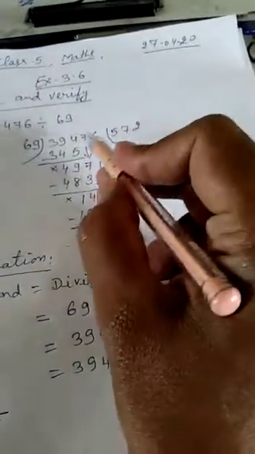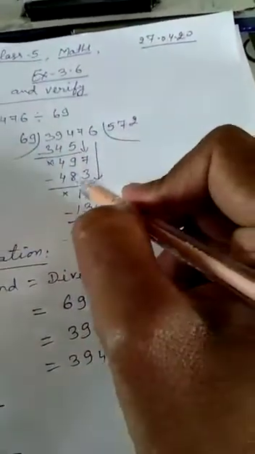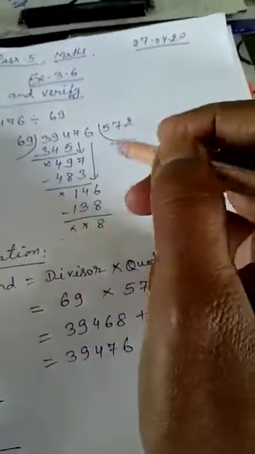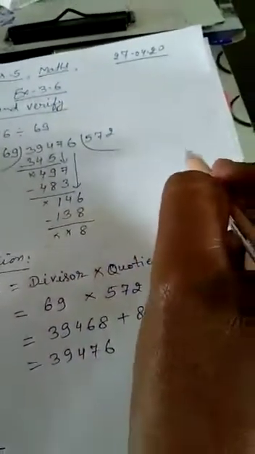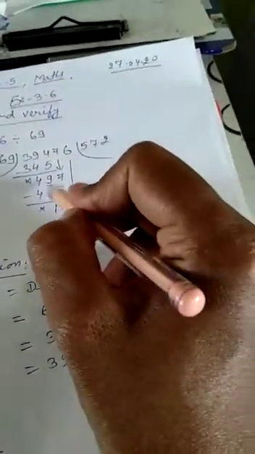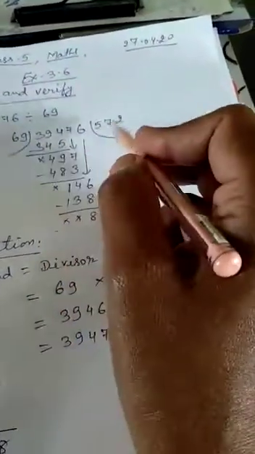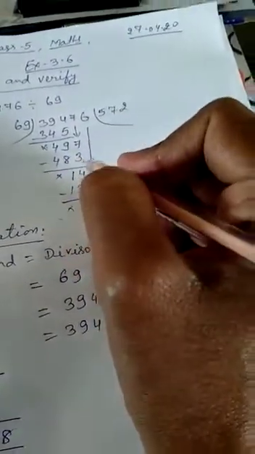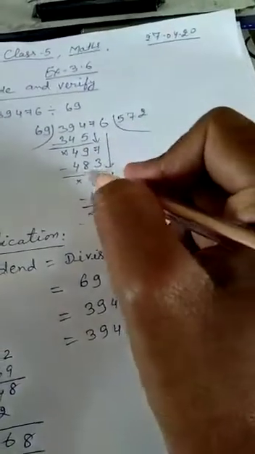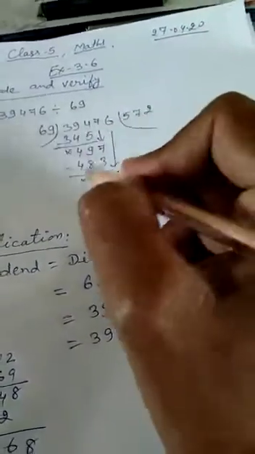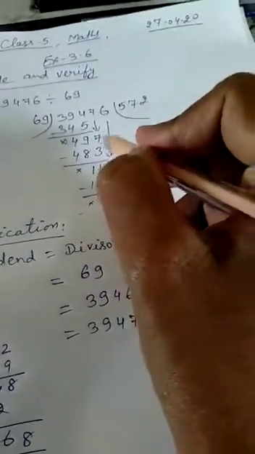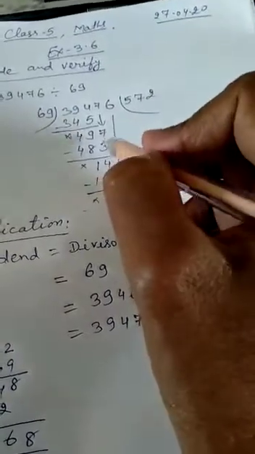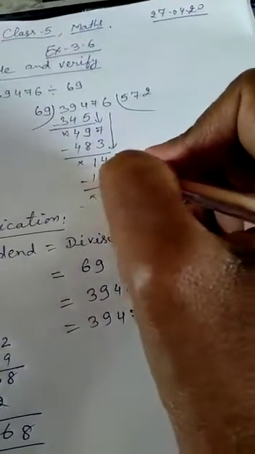In this you can see 69 7 ja 483, and 69 8 ja, the number you get is more than 497, and 69 7 ja 483 is just less than 497. So 7 you will put here. So 483 you will write. Now you will subtract. 7 minus 3 4, 9 minus 8 1.